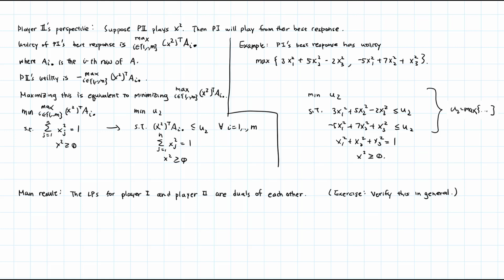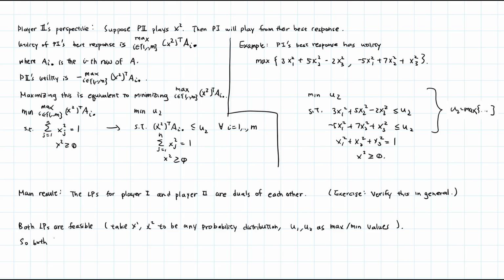Now let's apply some duality theory. Both LPs are feasible. We can just take x1 and x2 to be any probability distributions, and u1 and u2 as the corresponding max and min values. Therefore, both of these have optimal solutions with the same objective value.